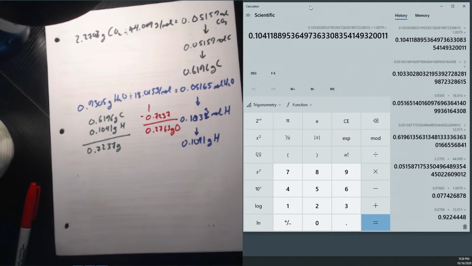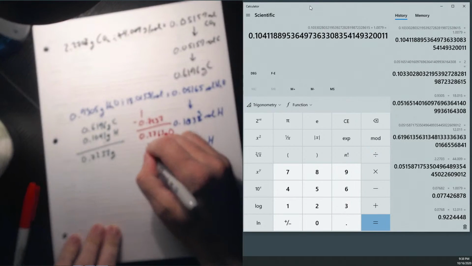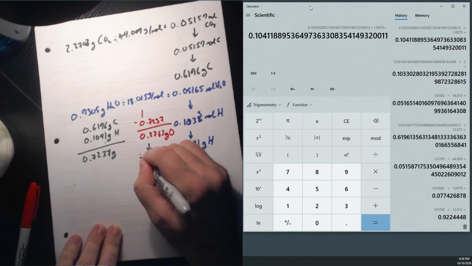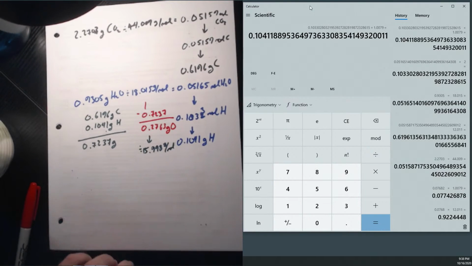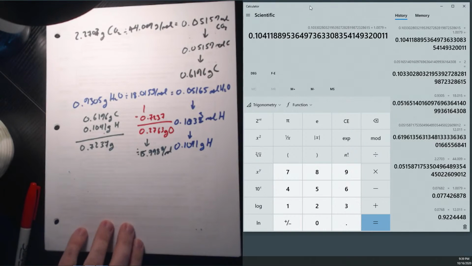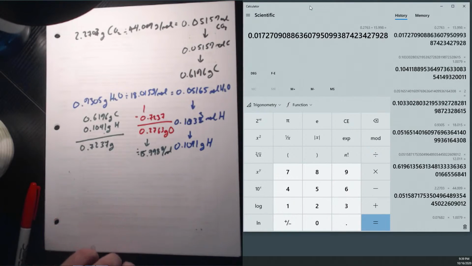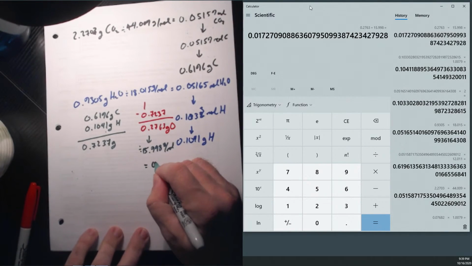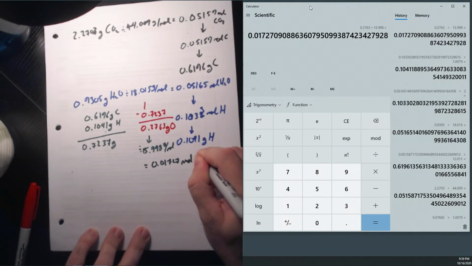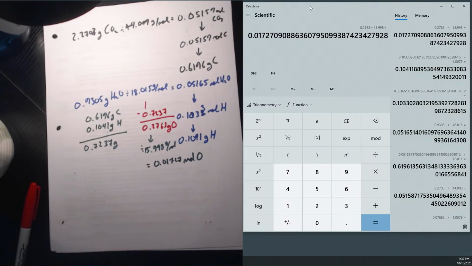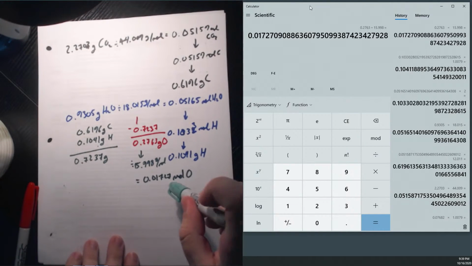So now we have to also find the moles of oxygen, so we divide by the 15.998 grams per mole. 0.2763 divided by 15.998 is 0.01727 moles of oxygen. So now we have our 3 moles.